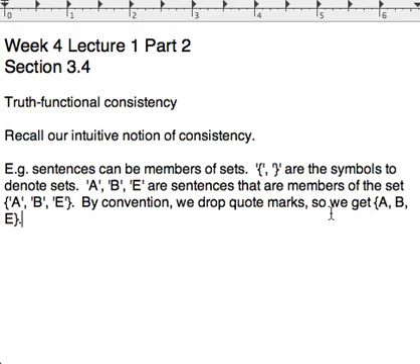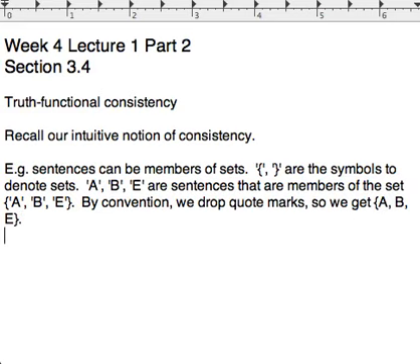The comma is not a member of the set. Same thing over here: the quotes aren't members of the set. It's the actual sentence that is a member of the set. Here we're strictly speaking using the sentence A, but by convention we just drop the quote marks. So whenever you see these sets, you can always think of us just mentioning the sentence, not actually using it.